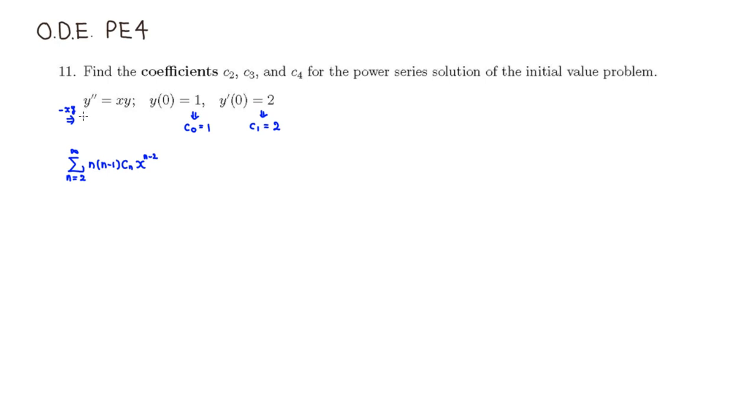So you have y double prime minus xy is equal to 0. This is going to be minus x times y, where y is the summation, n goes from 0 to infinity, of c sub n x to the n, and this is equal to 0.